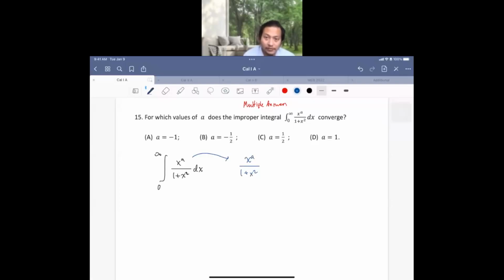Because it's always positive if we look closely on the interval 0 to some infinite number. So if we take any positive value, we are going to see that this is a positive function, right?